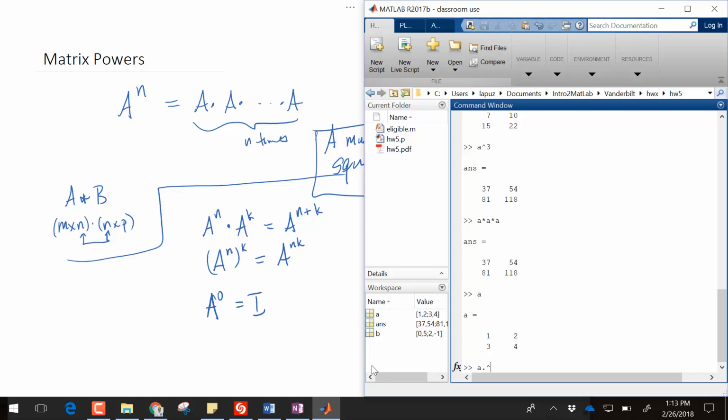If you do a dot in the power in MATLAB, then it's going to take each individual entry and raise it to the second power. So instead of 1, 2, 3, 4, we would have 1, 4, 9, 16, right? Apparently that's useful for certain things when you're dealing with arrays in general, but when we're dealing with matrices, we don't want to use this. We always want to use matrix multiplication when we're dealing with powers.